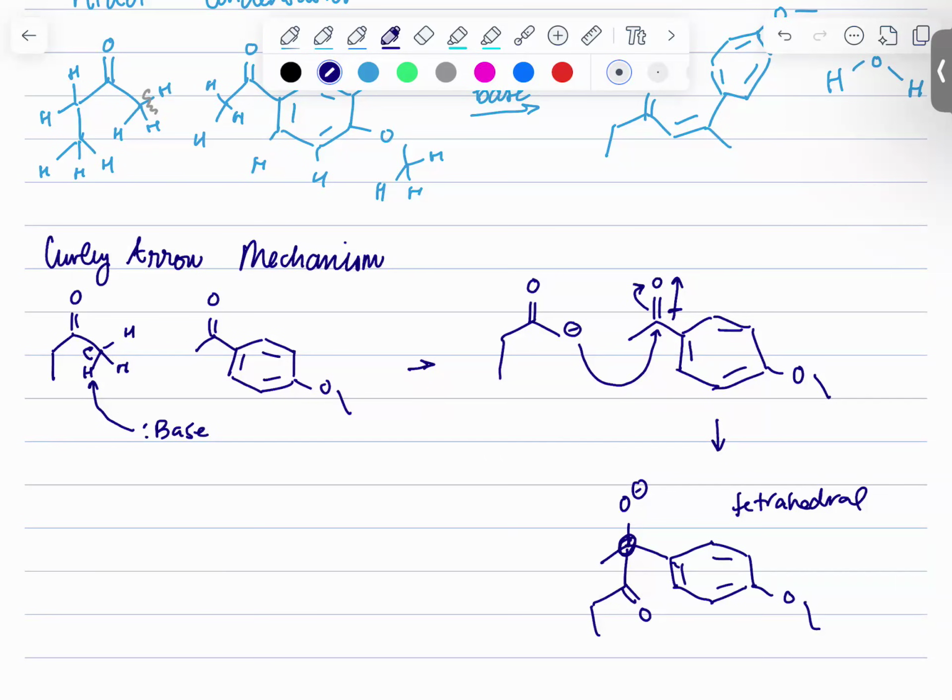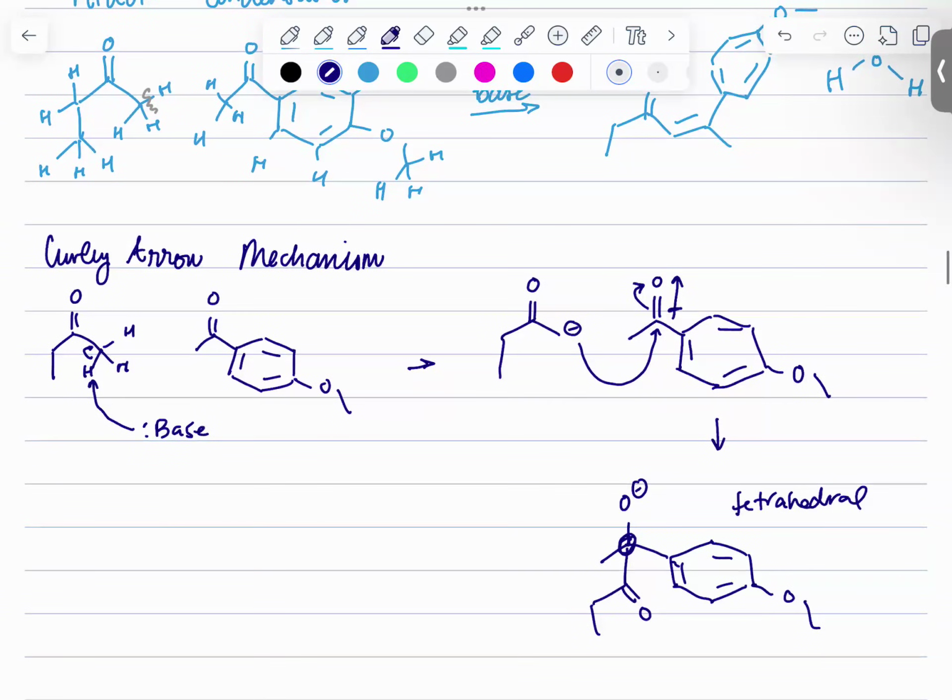So now, when we took our proton off, we created the conjugate acid of this base. And we can make our alcohol.